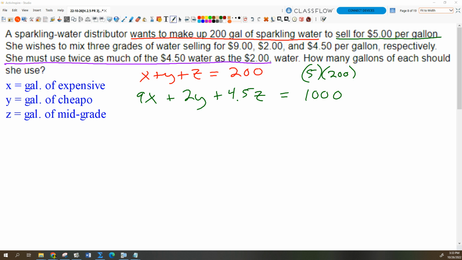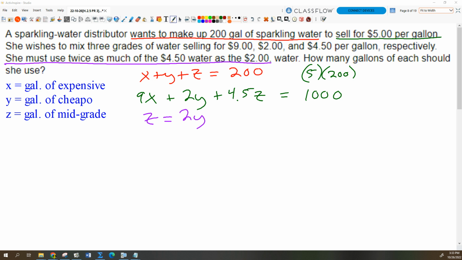Everybody agree? So if I say it that way, doesn't it mean that Z equals 2y? The amount of mid-grade equals twice the amount of cheapo, right?